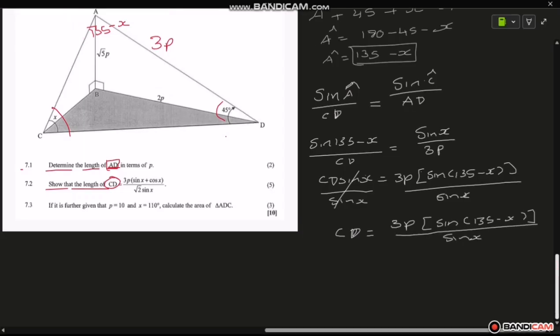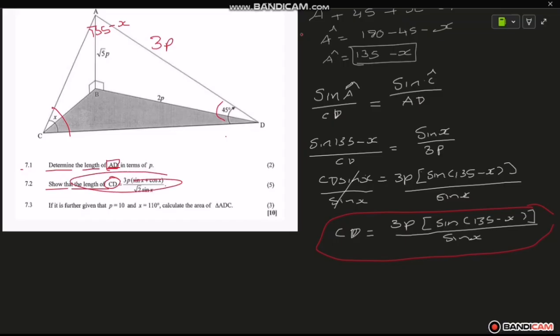This is our CD, but we have to simplify it further, because it's not the same thing as what they want us to prove or show, right? Now we can continue from here, so that it can be the same as what they want us to show, using what is known as compound angles.